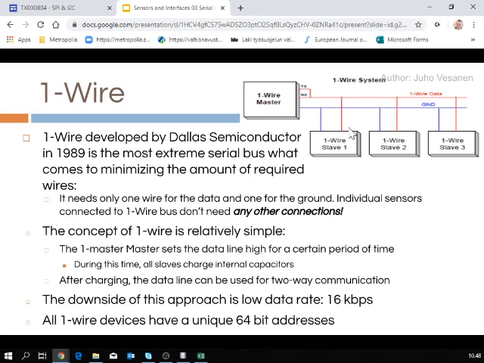They usually also need a capacitor to act as a charge bank, but anyways, the bus itself is only one wire with branches. Simple.